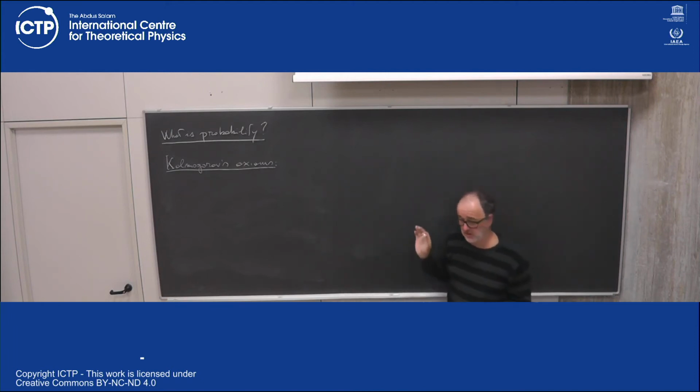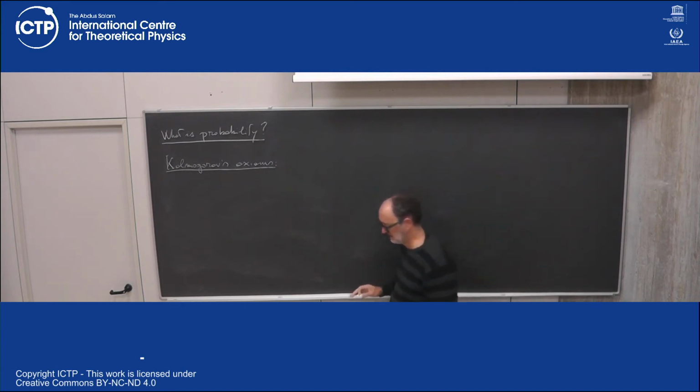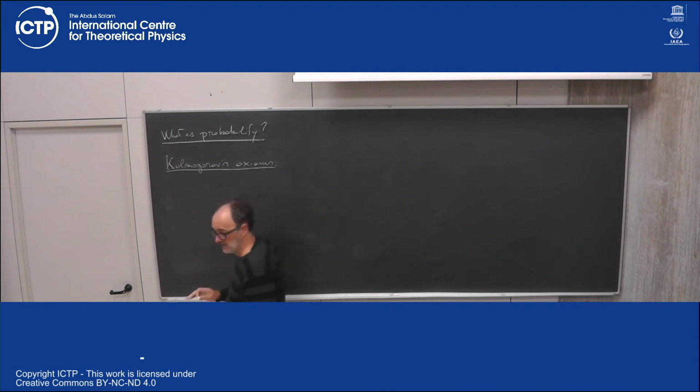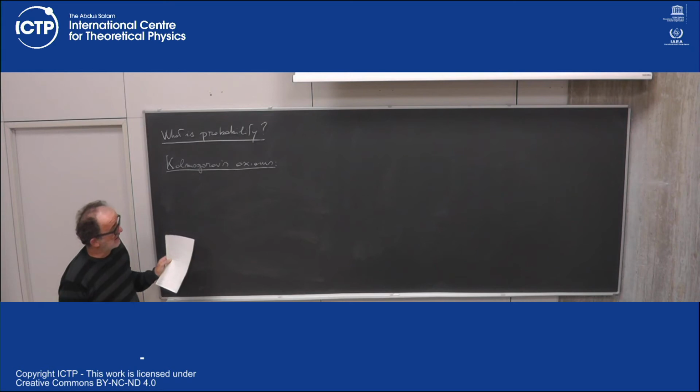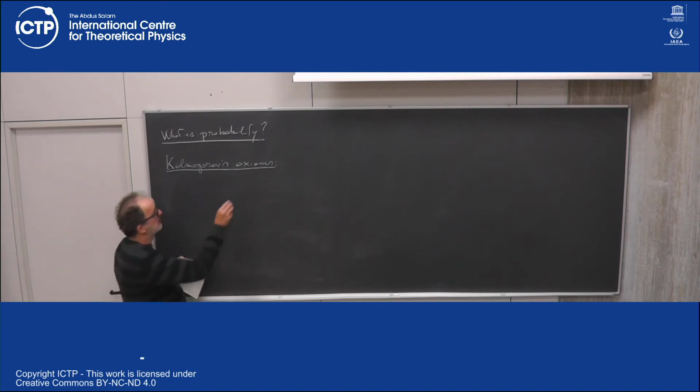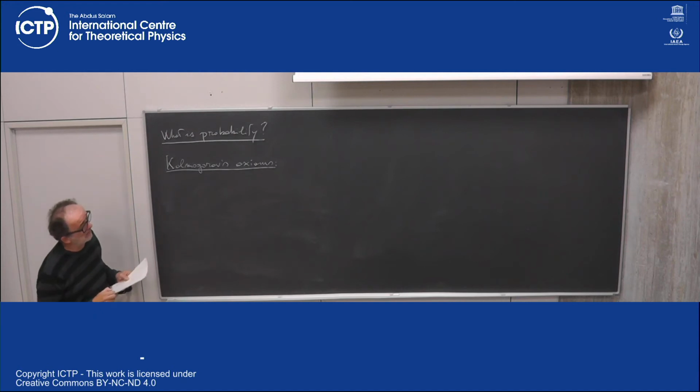And so Kolmogorov axioms give us a framework which is very clear and precise, and allows us to deal with problems in probability in an unambiguous way. So this is what we will follow in the first part of the course. In the second part, we will see another possible definition of probability.